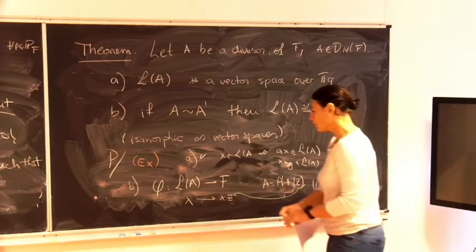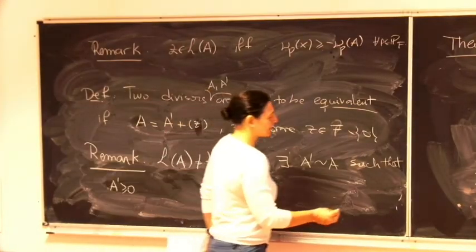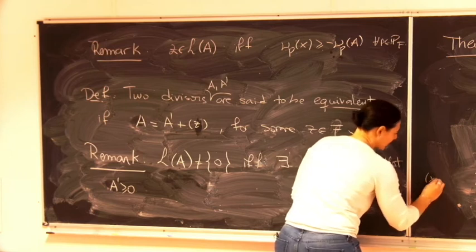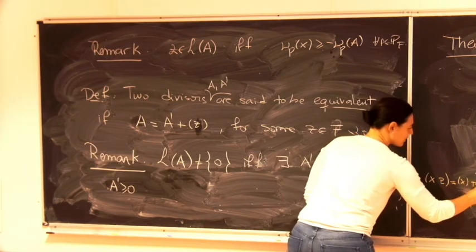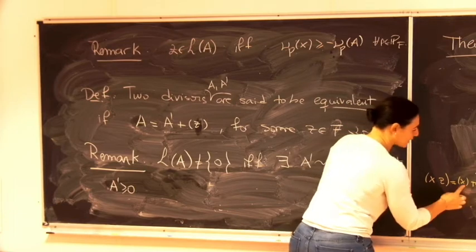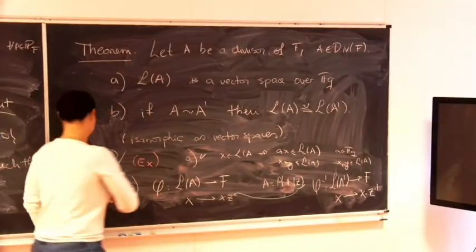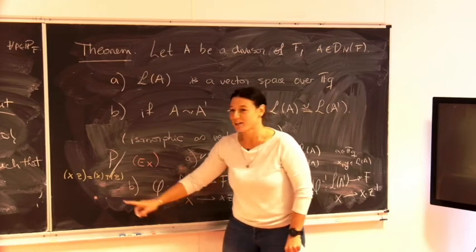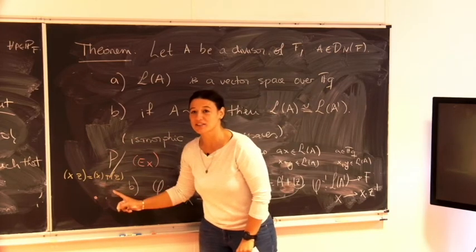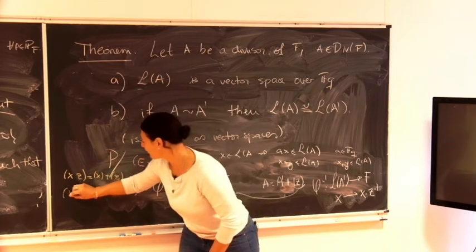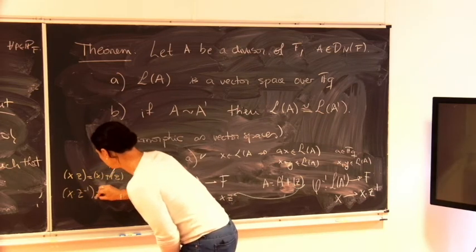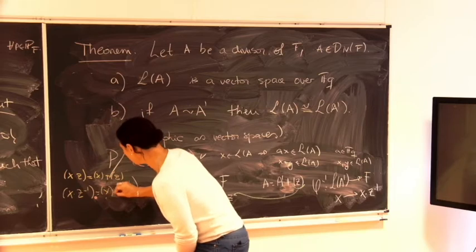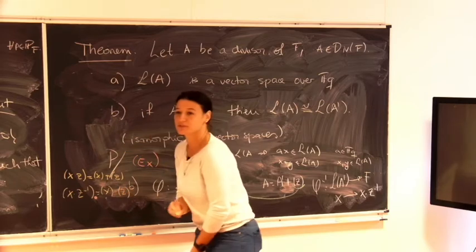And here you will have to use that if you have x times z, this is x plus the principal divisor of z, since we are working with principal divisors, and that if you have x times z to the minus 1, this is x minus the principal divisor of z.